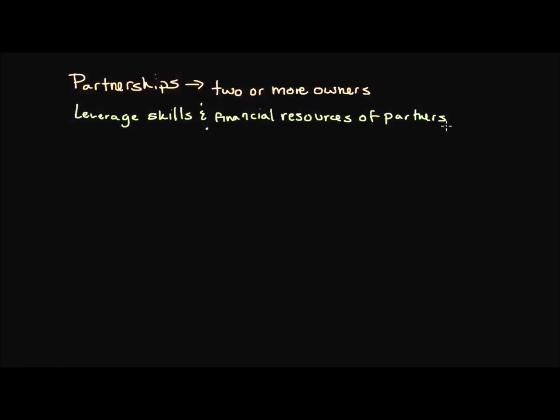Now, we differentiate partnerships into two separate categories, though they share similar characteristics. On one end, we have what we call a general partnership. A general partnership shares responsibility amongst the actual partners, and so they contribute equally usually, although they can have different arrangements, of course, and they also receive typically somewhat equal amounts.